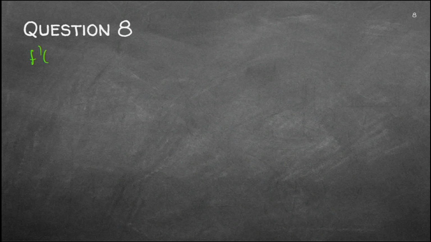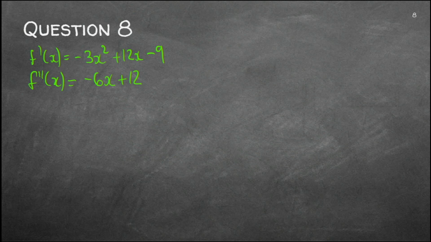So remember, your first derivative is equal to -3x squared plus 12x minus 9. So the second derivative will be equal to -6x plus 12. So the point of inflection is where the second derivative is 0. So 0 is equal to -6x plus 12.